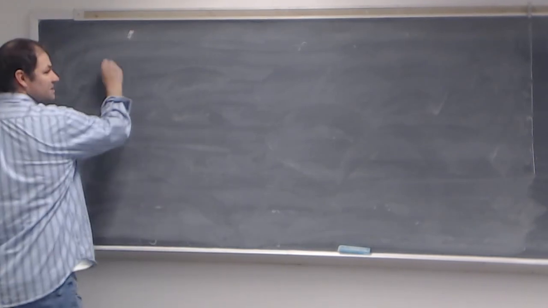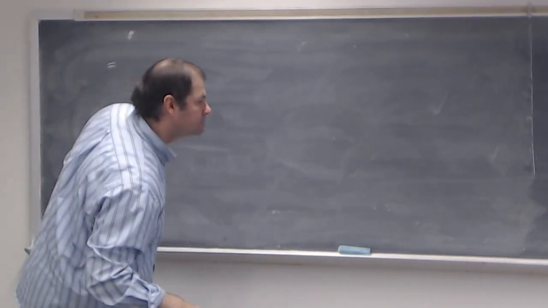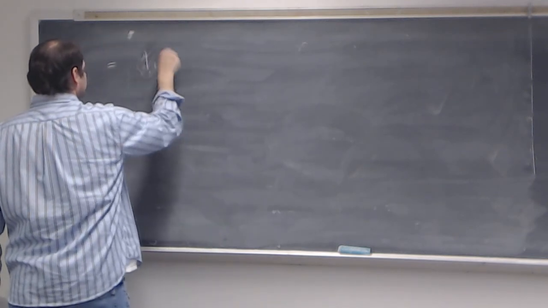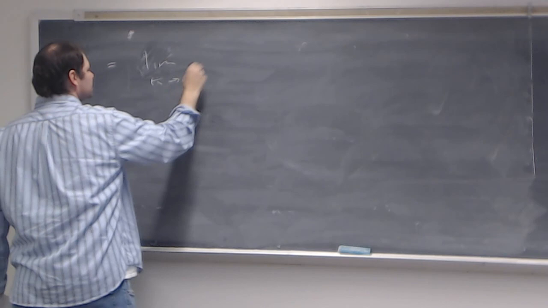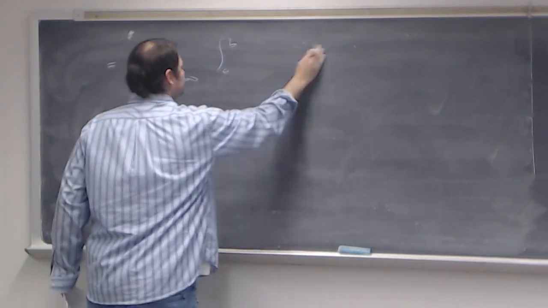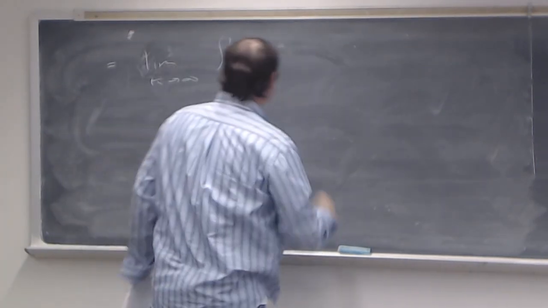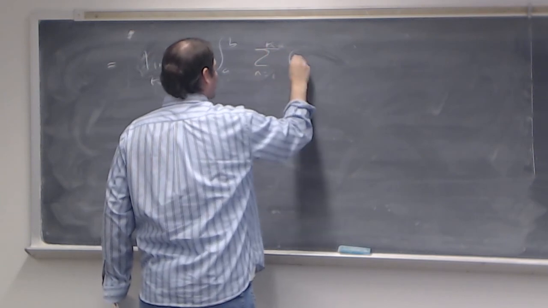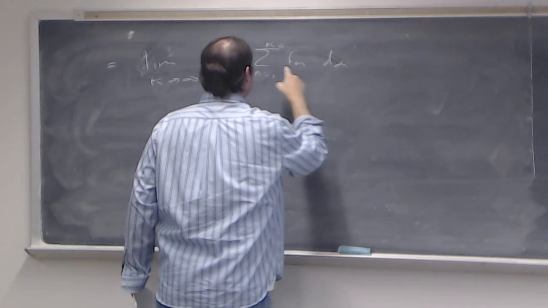Well, that's equal to the limit, as k goes to infinity, of the integral from a to b of the sum as n runs from 1 to k of f sub n d alpha.